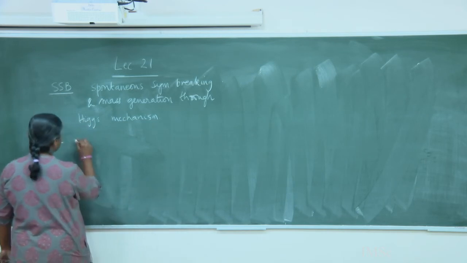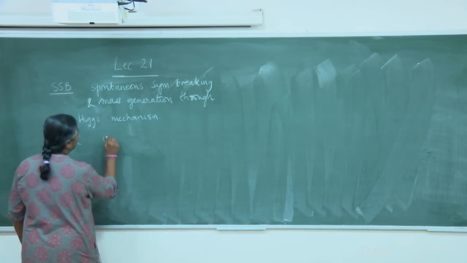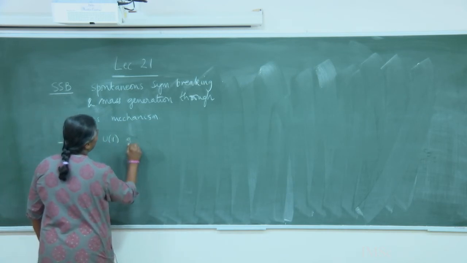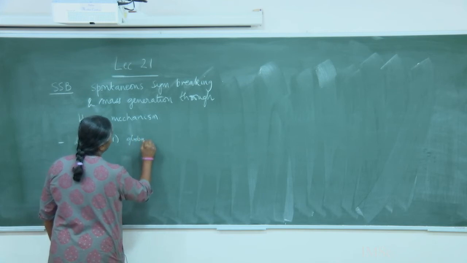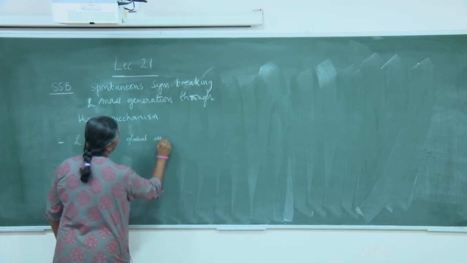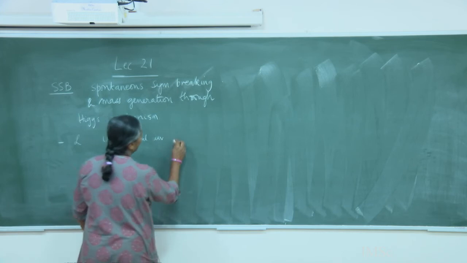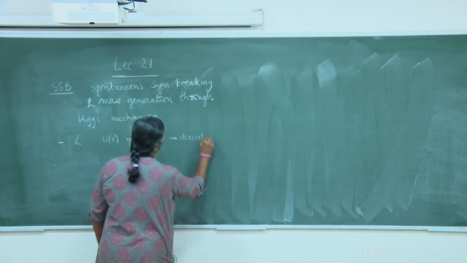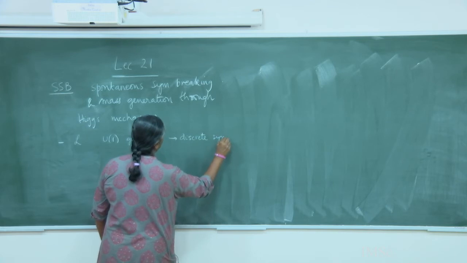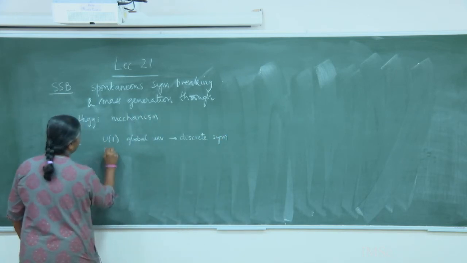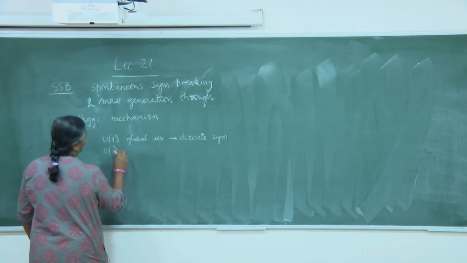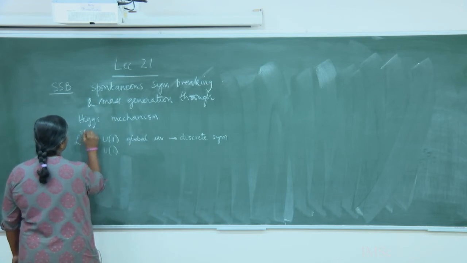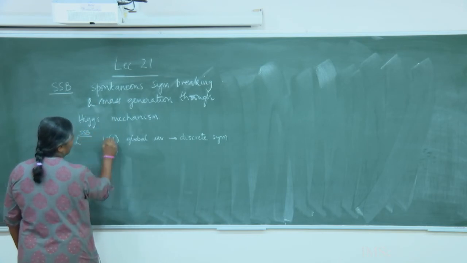First, I will take a simple Lagrangian and look at a U(1) global, not a local, invariance, and look at this with a discrete symmetry. Then I will look at spontaneous symmetry breaking for such a Lagrangian.